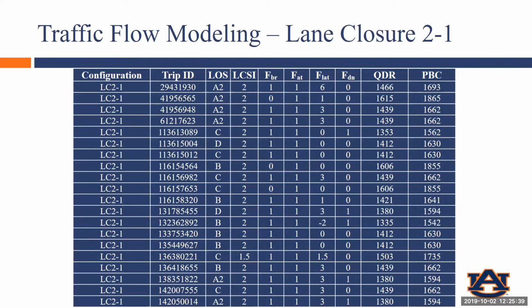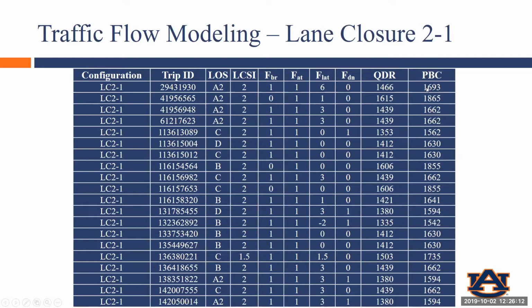And this is a table showing that the Highway Capacity Manual method can also be used to estimate. This table basically includes all the inputs for each trip: the trip ID, level of service, and based on that, you can estimate the queue discharge rate based on the Highway Capacity Manual, and the pre-breakdown capacity here.